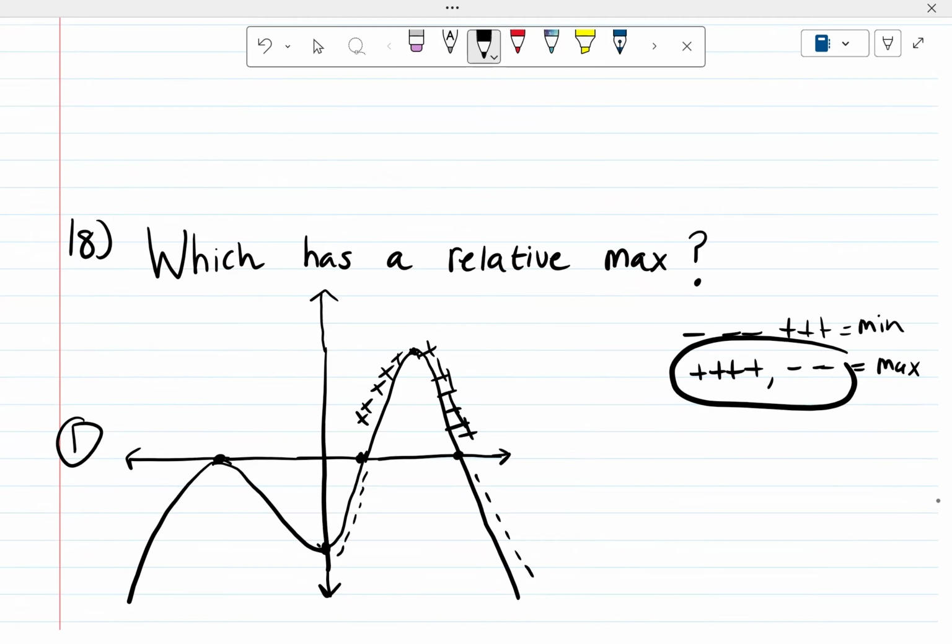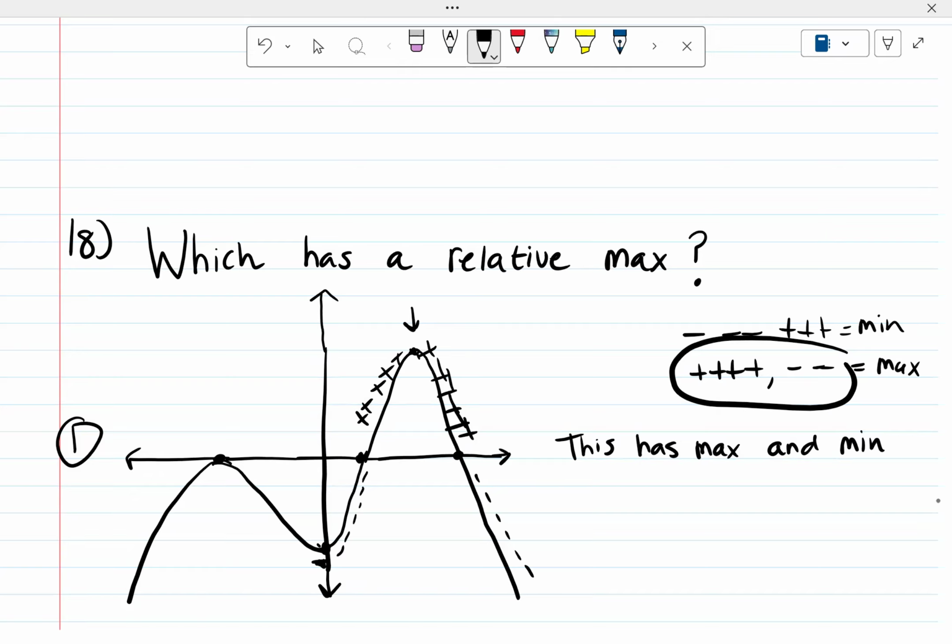If you have a max and a min, that means it has a relative max. So you have a max here and a minimum there.